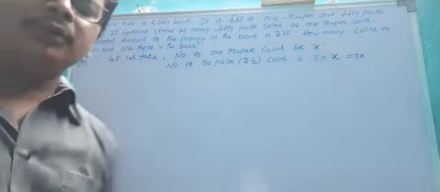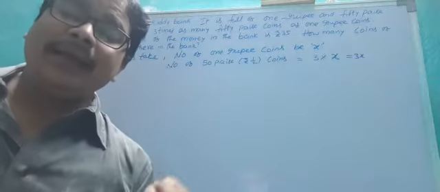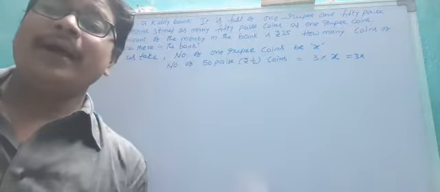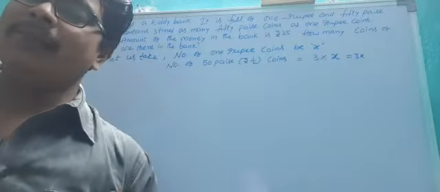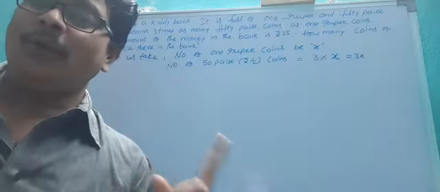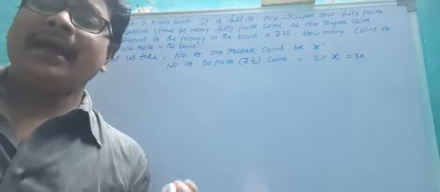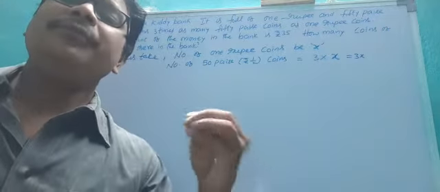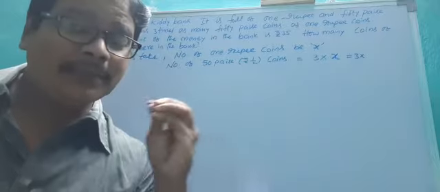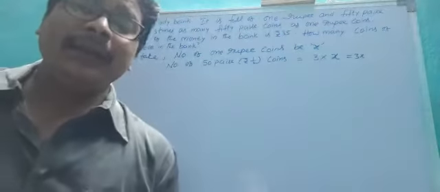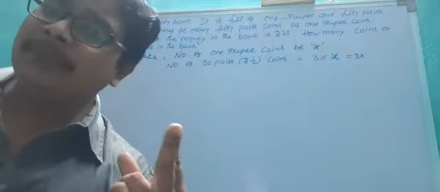For example, in my pocket I have 5 one rupee coins. Total amount equal to 5 rupees, because 1 into 5 equal to 5. For example, I have 10 fifty paisa coins. 1 rupee equals 2 fifty paisa coins.